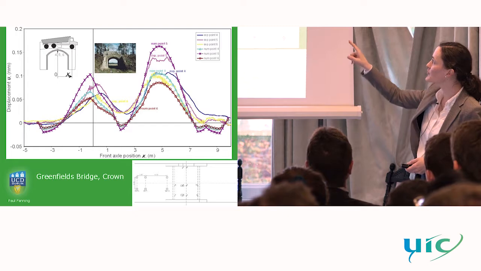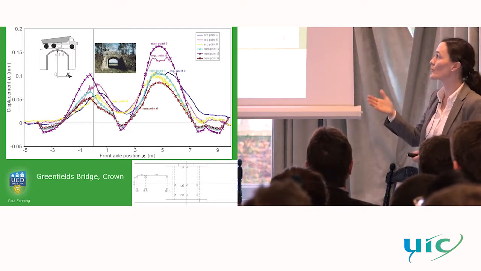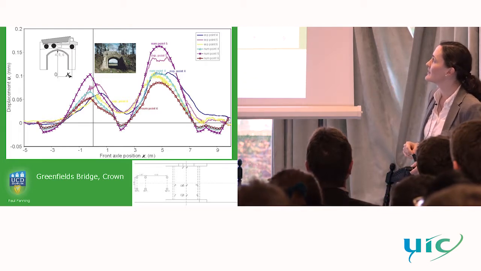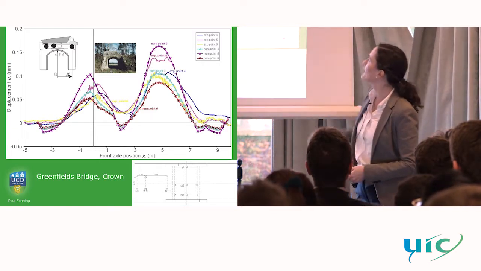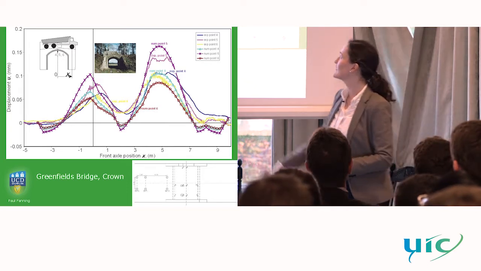This is the other bridge, Griffith Bridge, which was much shorter in span. It also wasn't symmetric, so we had to model the entire bridge for this one. And again, just looking at the correlation of our model with the deflection data.